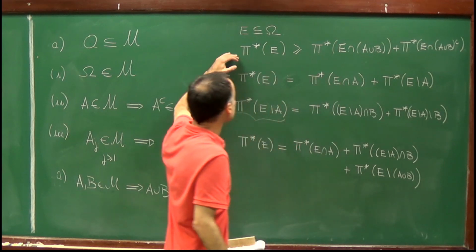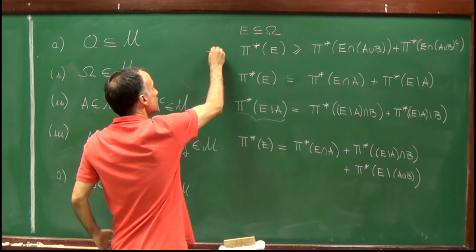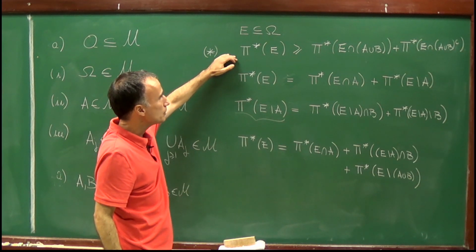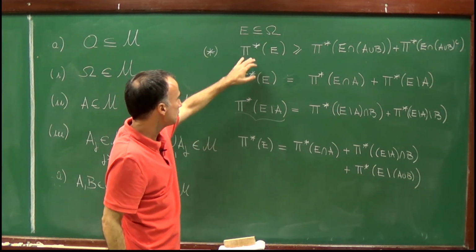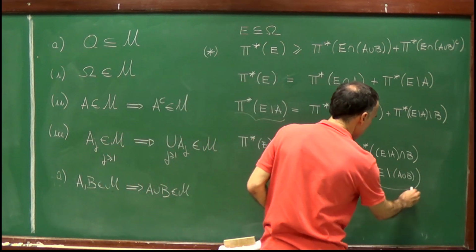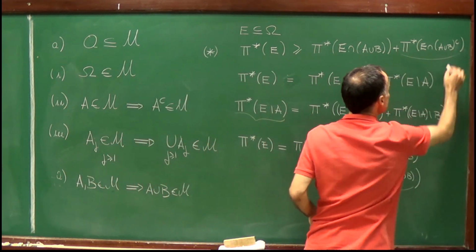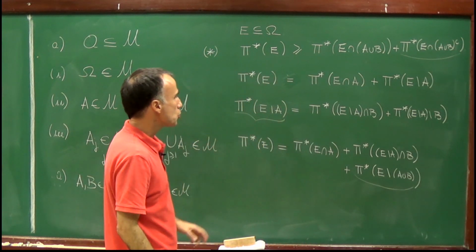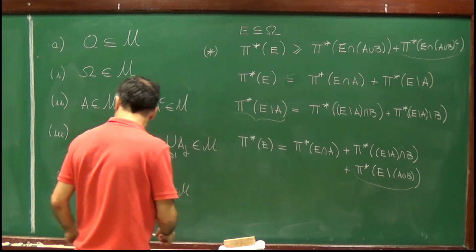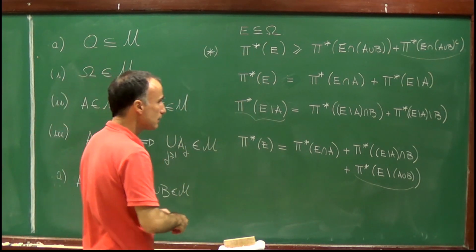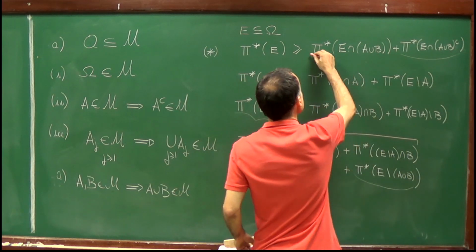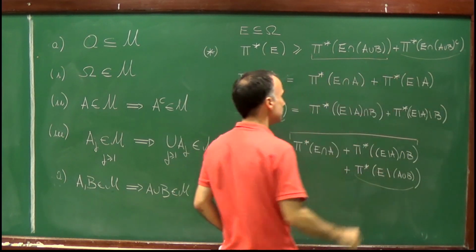And if you go back to the expression which we need to prove, you observe that you have on the left side P star E, and on the right hand side you have already this term. So in order to conclude the proof, what we need to show is that the sum of these two terms is less than or equal to this term.